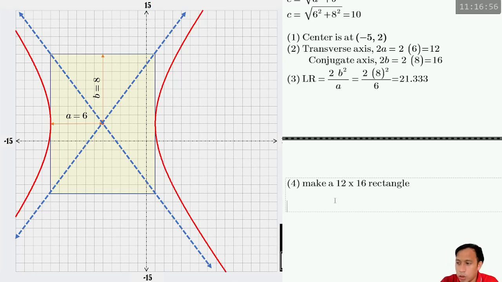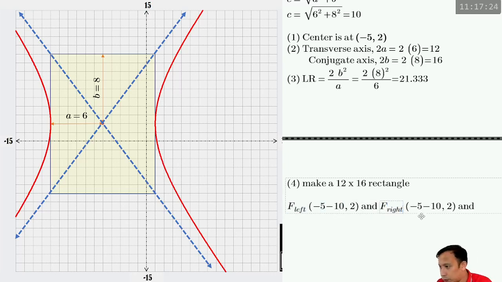Bale, for the focus number 1, yung nasa left, dapat located siya at what? Diba? The x coordinate of the center is negative 5, no? Negative 5 minus 10, 2. And yung focus at the right, dapat plus naman siya. Plus.